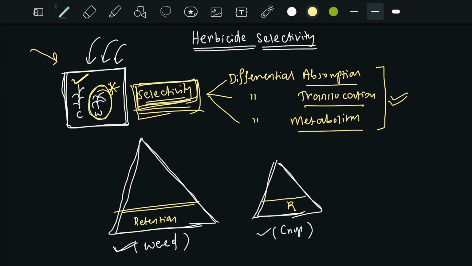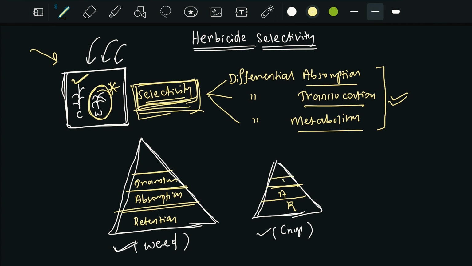Okay, then if the retention is higher, then the penetration or absorption of the herbicide inside the leaf will obviously be higher in case of weeds. Then if the absorption rate is higher, then the rate of translocation is also higher. That means the movement of that herbicide inside the plant system.